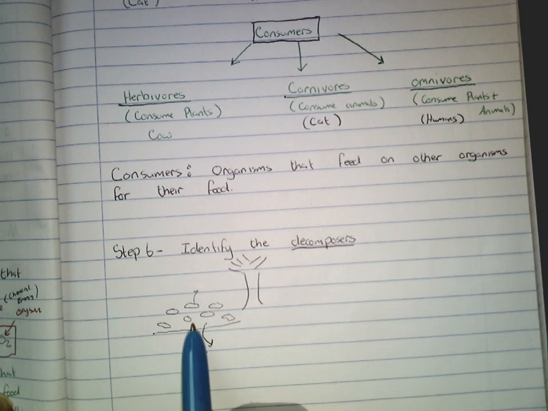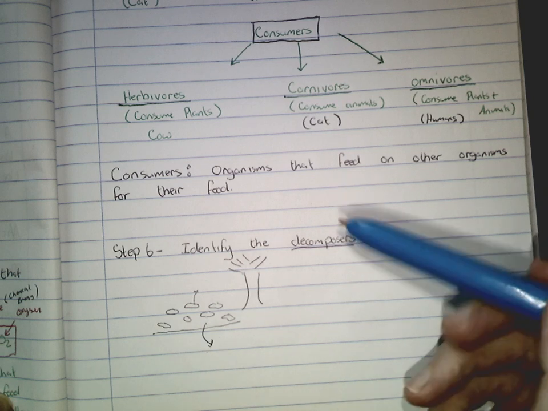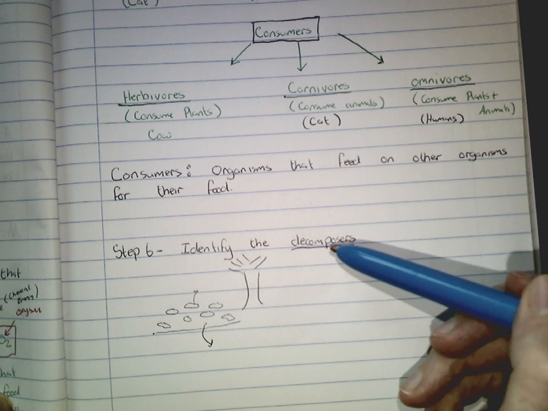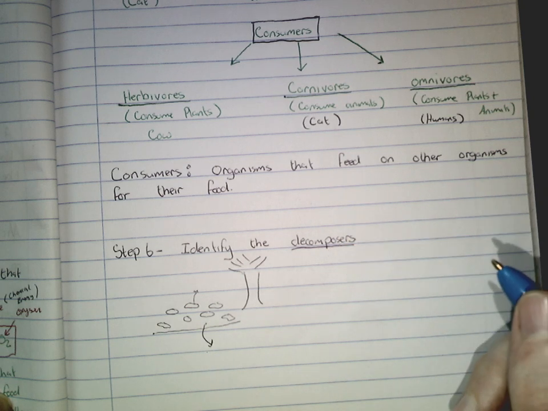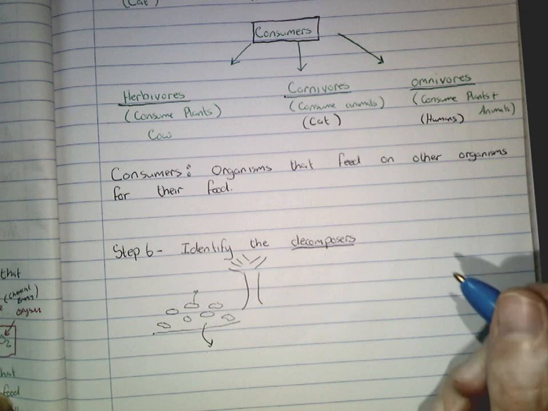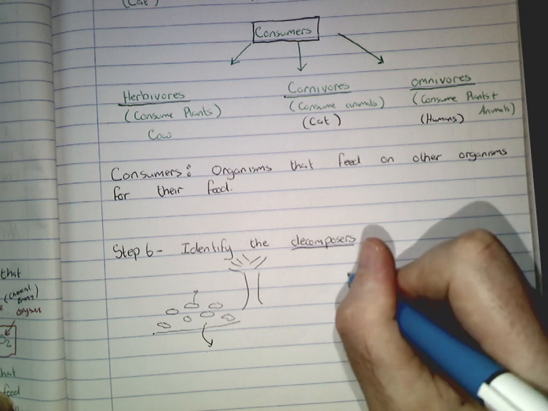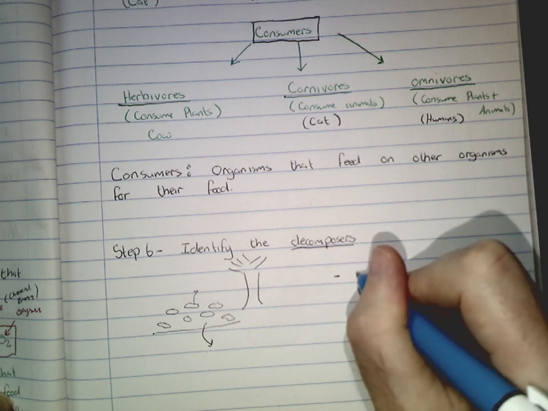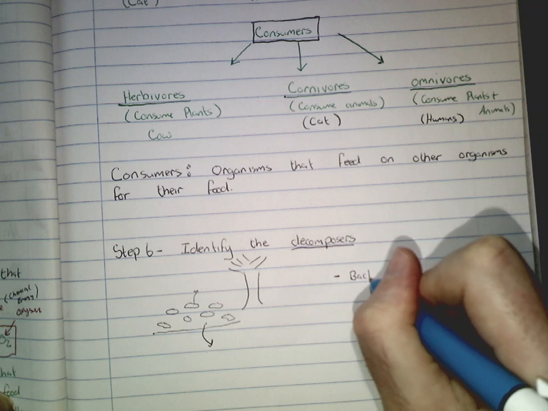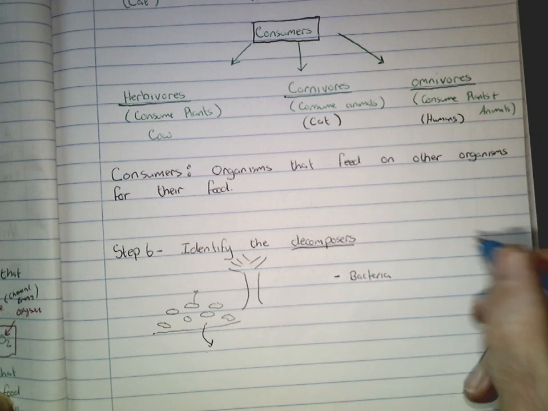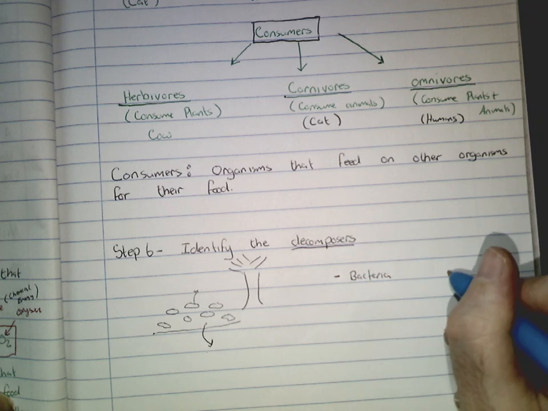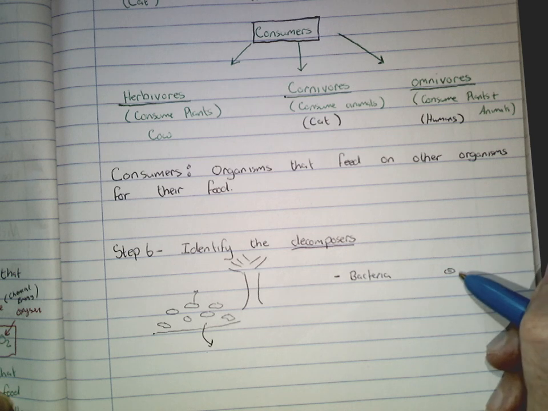But what is it that causes these leaves to decompose? Well, we have these organisms called decomposers. Some common decomposers are bacteria. Bacteria are tiny microorganisms, in some cases just single-celled organisms. They're very, very small.